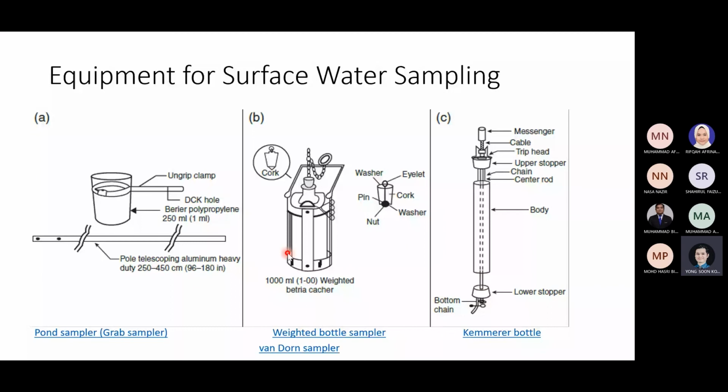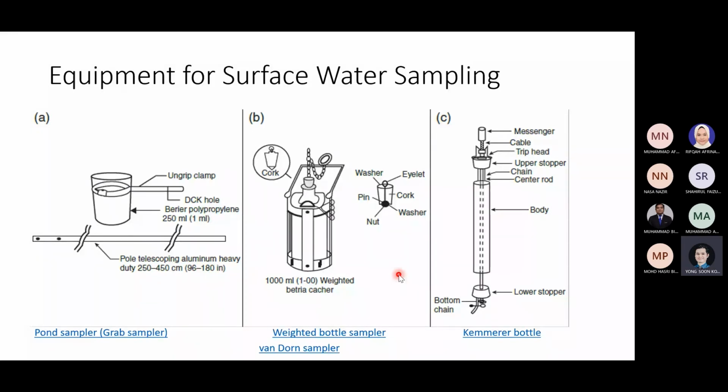There is one more water sampler which is called the Van Dorn sampler. It is very similar to the Kemmerer bottle, as you can see right there. Now, the Van Dorn sampler is a tube, and it is operated horizontally.